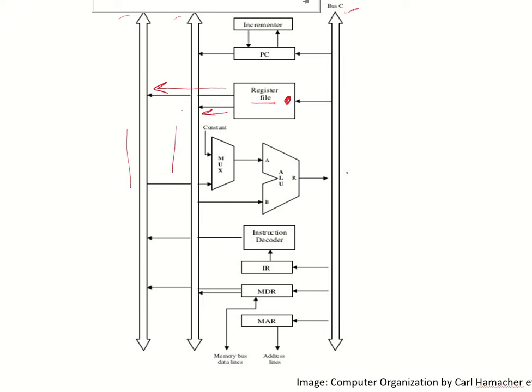Buses A and B transfer source operands to the A and B inputs of the ALU. R equal to A or R equal to B is the control signal which decides which of the inputs has to be transferred to bus C.